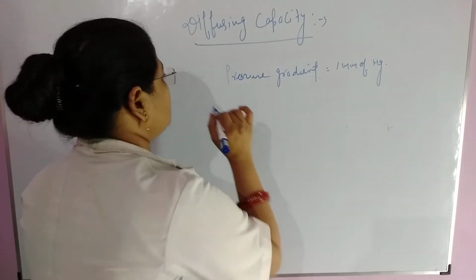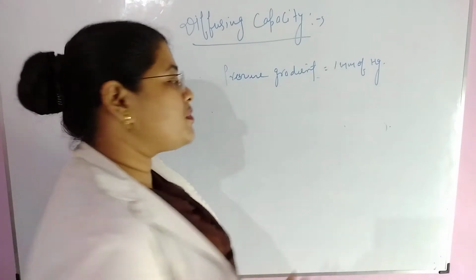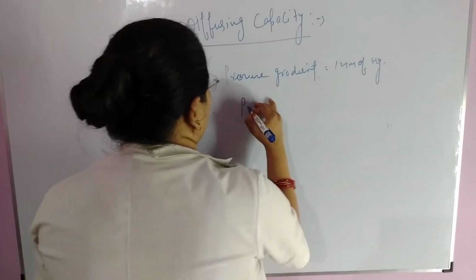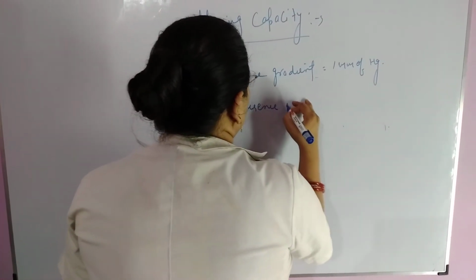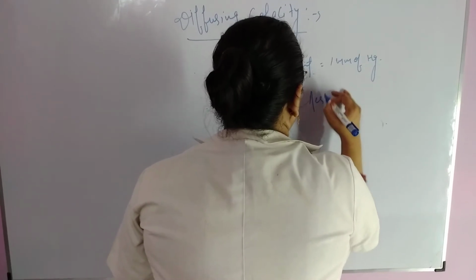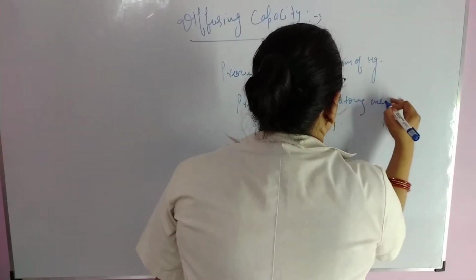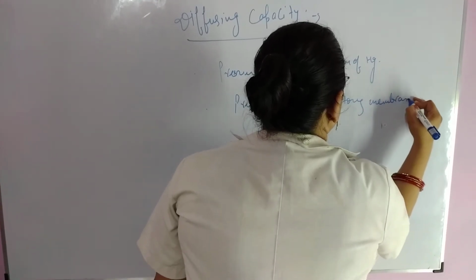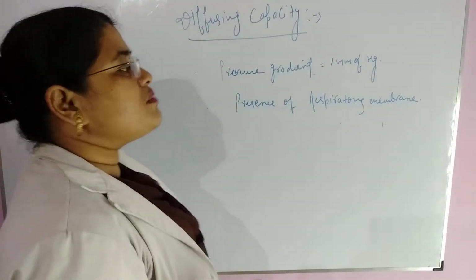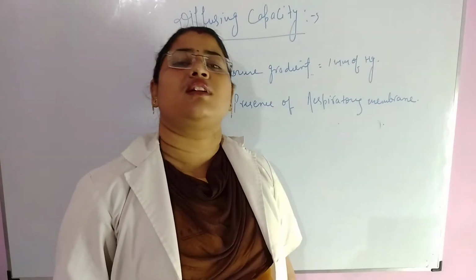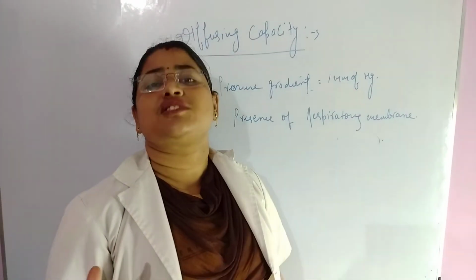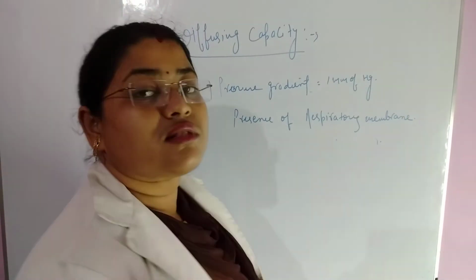Second is presence of respiratory membrane. Respiratory membrane is a membranous structure through which gaseous exchange takes place, and this is thin.